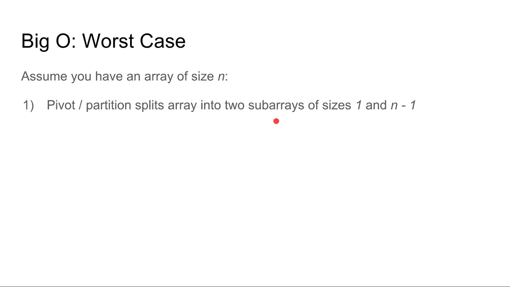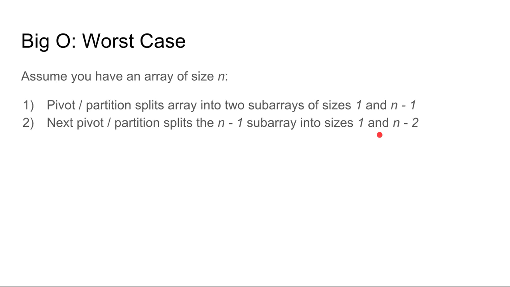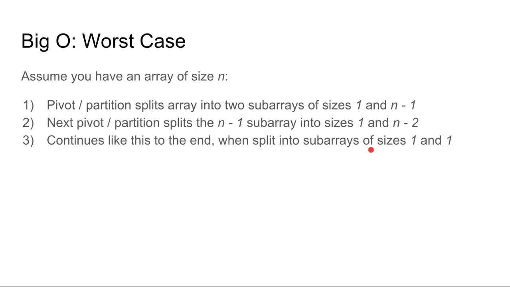This is achievable if the pivot that we select is the smallest or the largest element of the array, which will put it at either the beginning or the end of the array and leave the rest as the other subarray. This pattern will continue, with the next partition leaving 2 subarrays of sizes 1 and n-2. This repeats again and again until the end, when the last partition splits it into 2 subarrays of sizes 1 and 1.